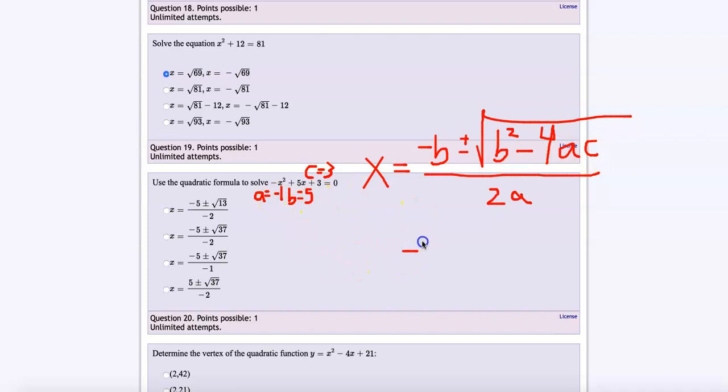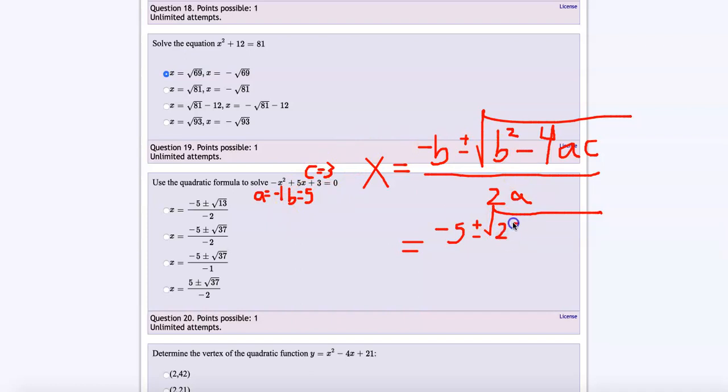So a negative b in this case would be a negative 5. Then we have plus or minus the square root b squared. If we square b, we end up with 25.